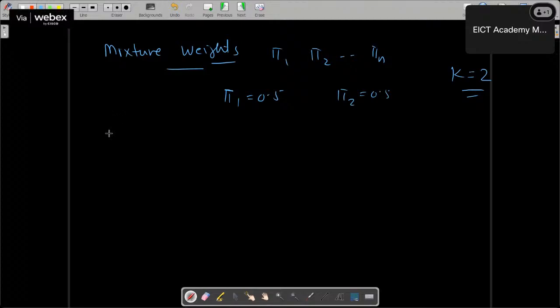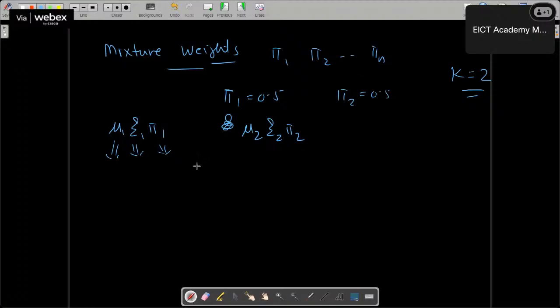So there are three parameters: mu1, sigma1, pi1, and mu2, sigma2, pi2. Here mu is the mean, sigma is the covariance, and pi is the mixture weight. Initially these can be initialized with random values or based on some heuristic that we will discuss.